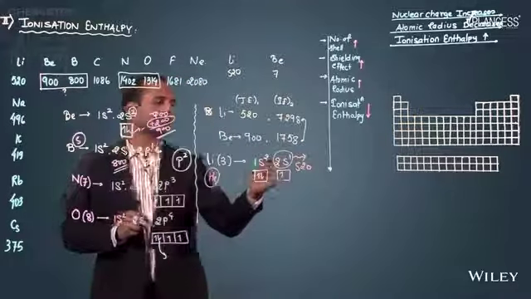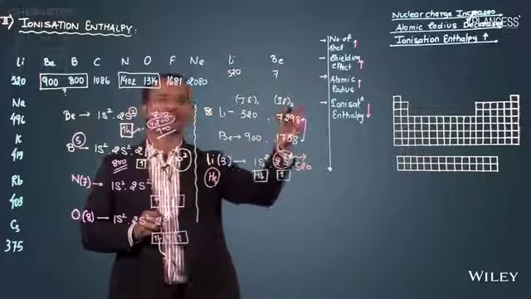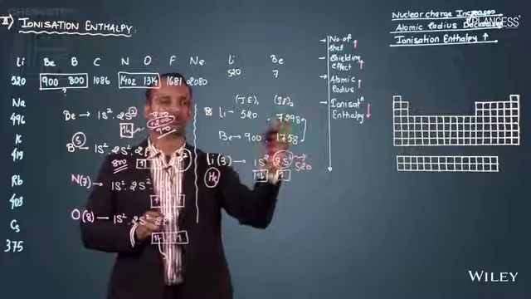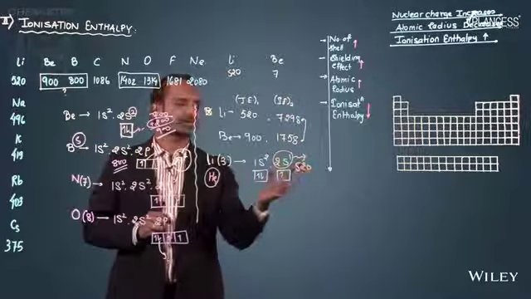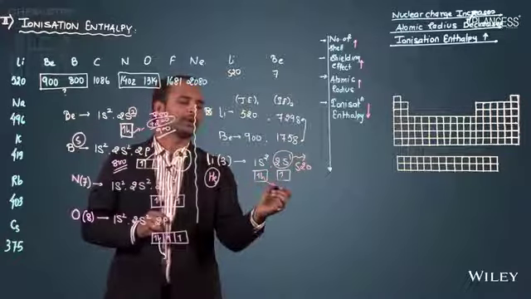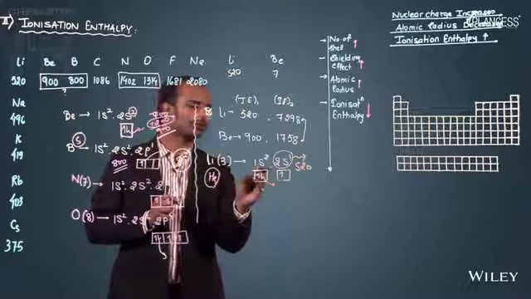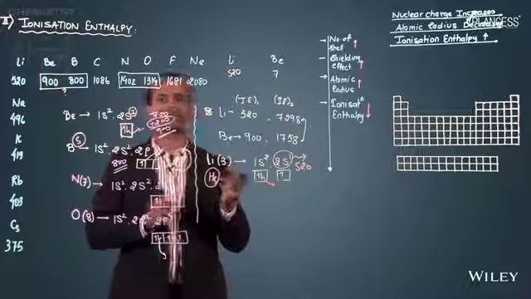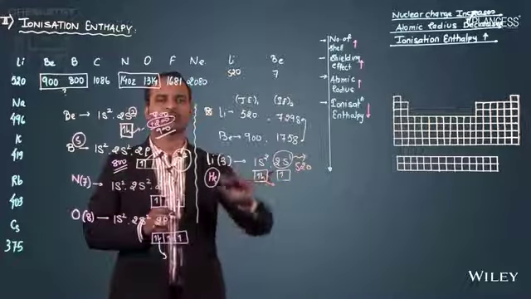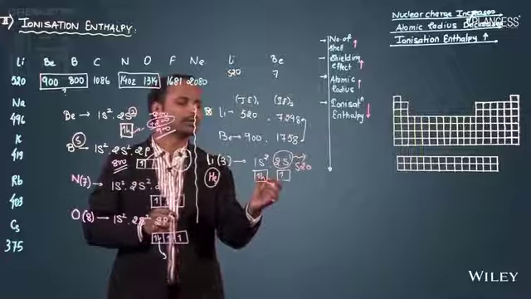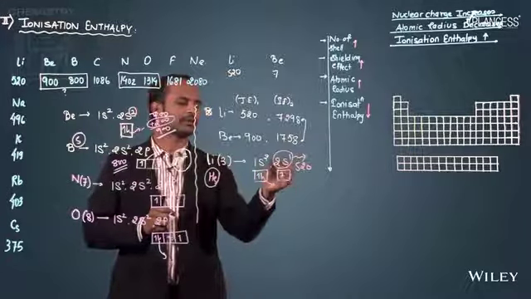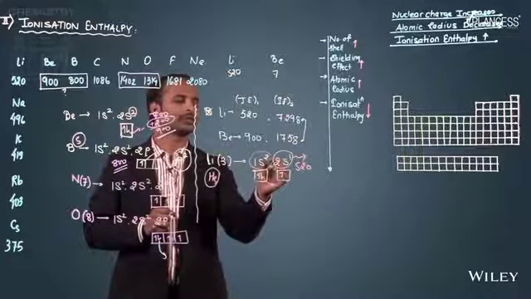In that case, if you want to remove a second electron, do you think it is possible to remove it easily? The answer is no. This electron will not come outside easily, for the simple reason that after removing it, the configuration would be a stable duplet.